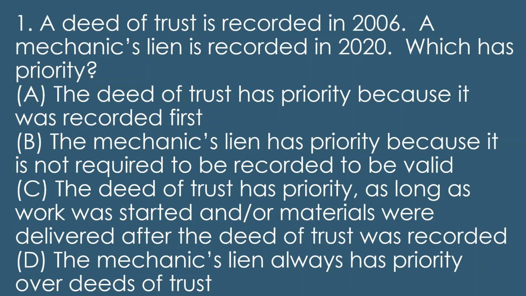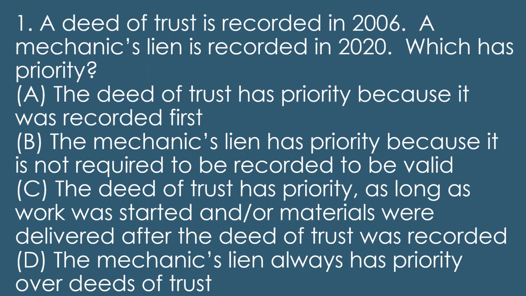Even though it was recorded in 2020, it could have priority over the deed of trust if work was started prior to the recording of the deed of trust or materials were delivered before the deed of trust. So knowing all of this, which one would be the best answer?